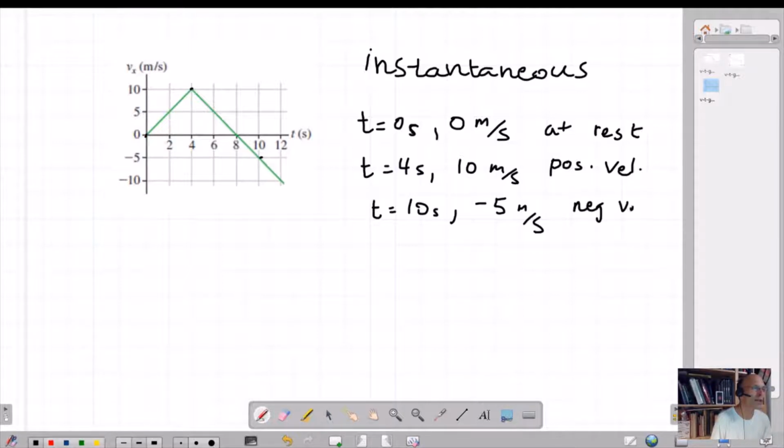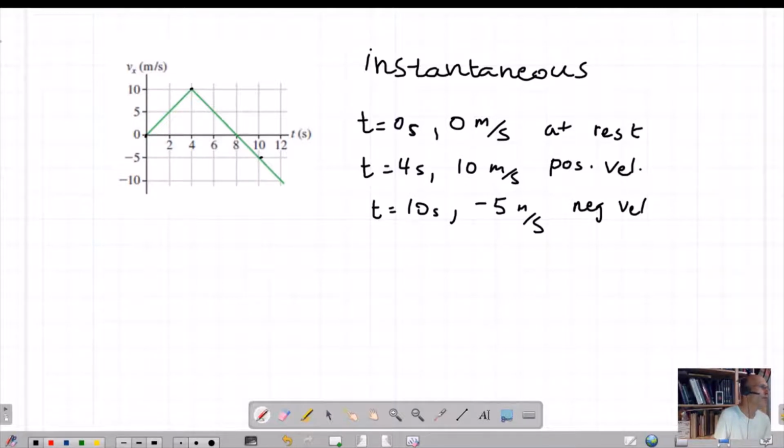Remember that if the velocity variable v has an x in it as a subscript, that indicates that this positive velocity is to the right, because that is indicating horizontal velocity, and this negative velocity is to the left.